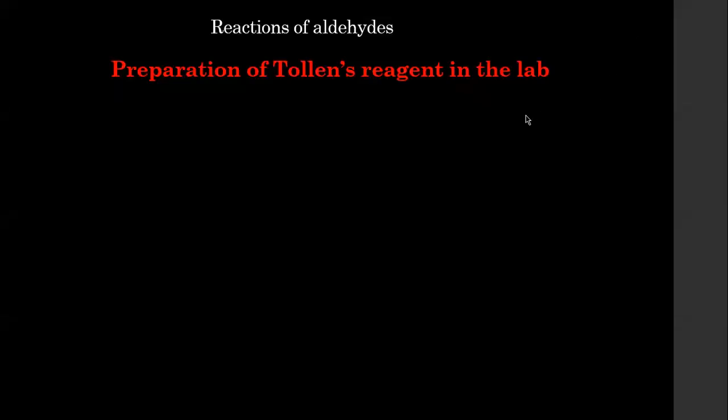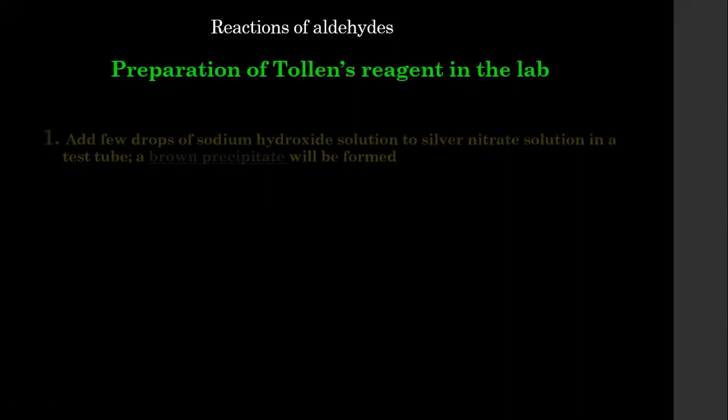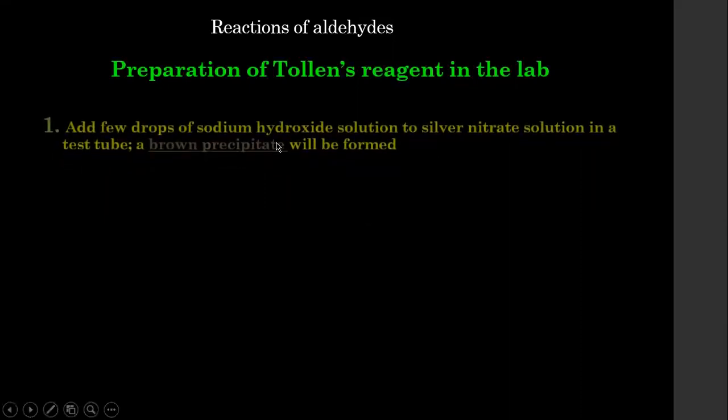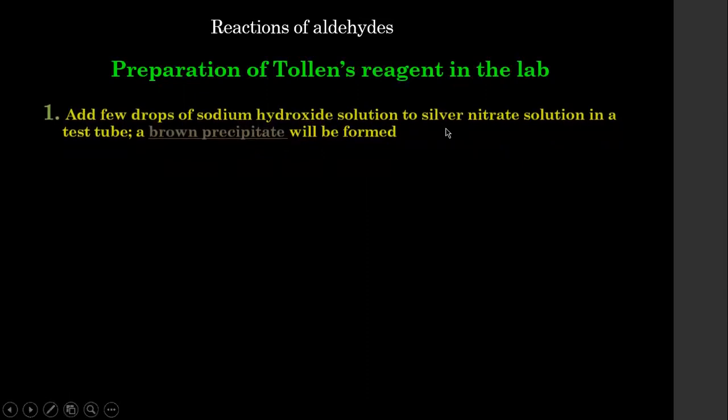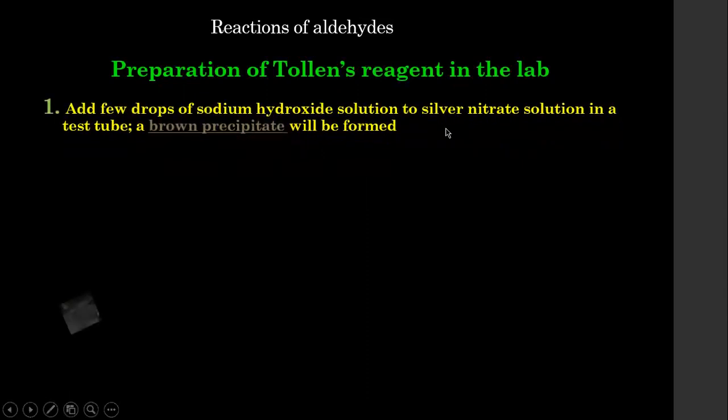Preparation of Tollens reagent in the laboratory is one of the easiest things that a student can do. What you do is take a silver nitrate solution and add some sodium hydroxide bit by bit, drop by drop, until you get a brown precipitate. The pictures will show you how it is done.